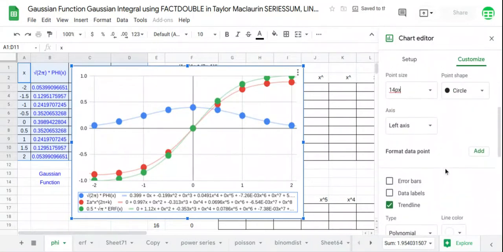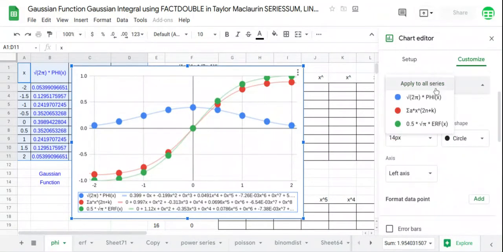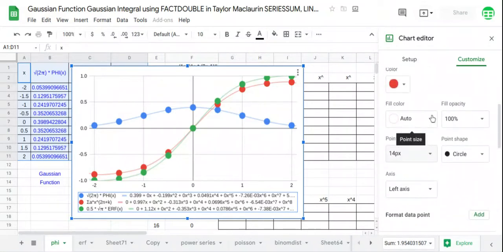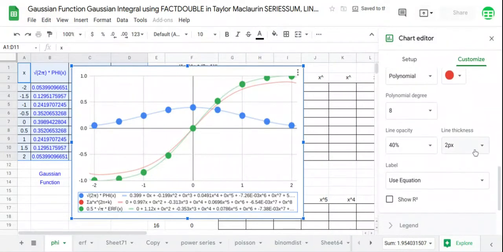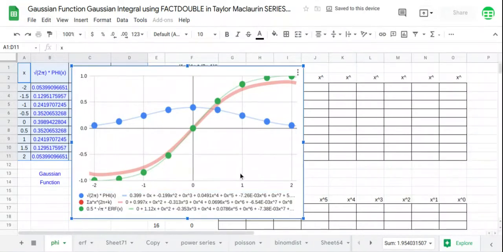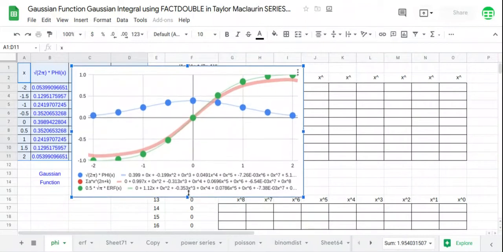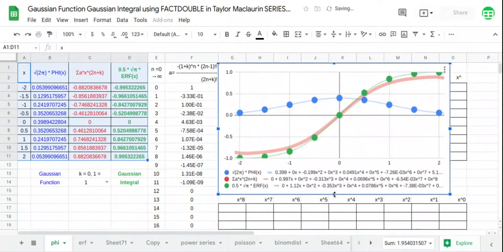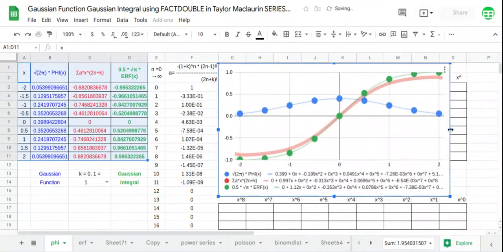Except for the red, except for the expansion, where the point size is none. There's no point size, but the line thickness will be maximum. That's our line thickness. So here's the trend line and polynomial of the three: the expansion, the function, and the integral, the Gaussian integral.